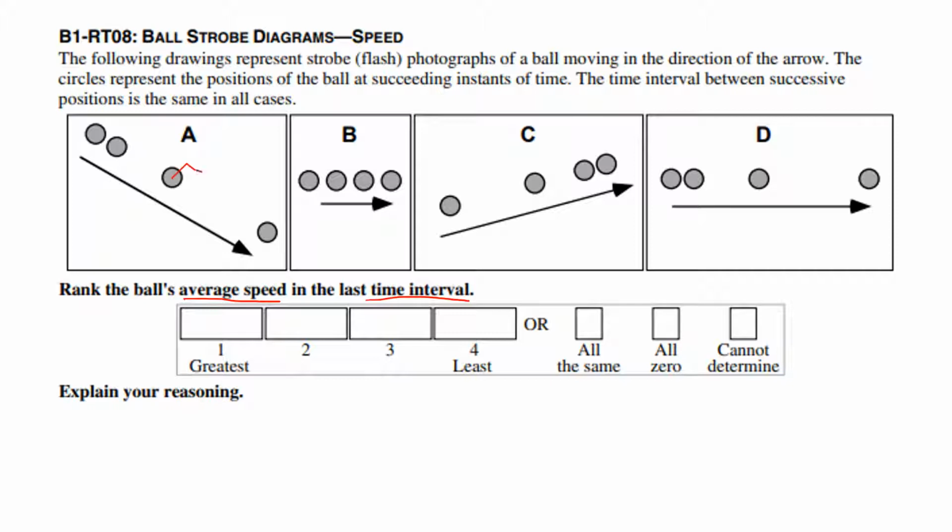We're just looking for the largest distance, because imagine each of these intervals is just 1 second. So this traveled a larger distance. I'm going to draw a big D here over a segment of time, versus this one, a small distance over the same segment of time. So obviously A has a larger speed than B. By the looks of it, A and D are the biggest, and then B is the second biggest, and C is the smallest.